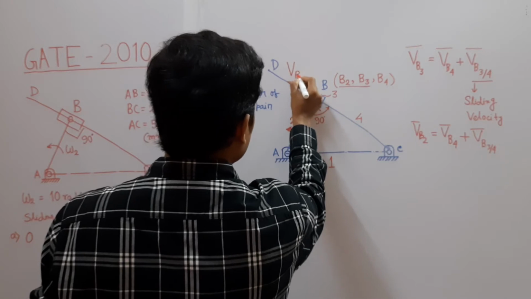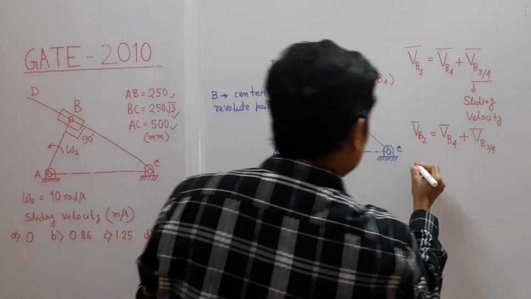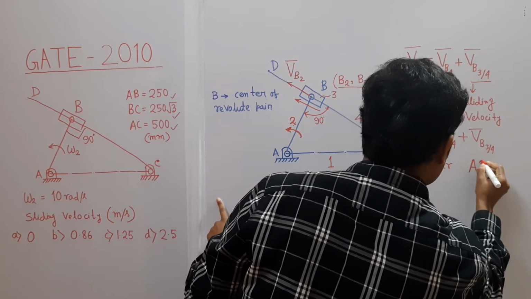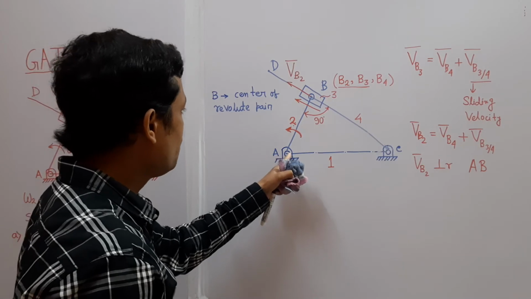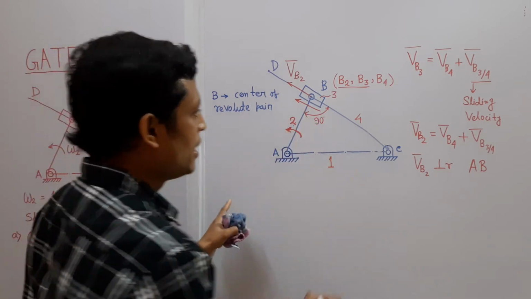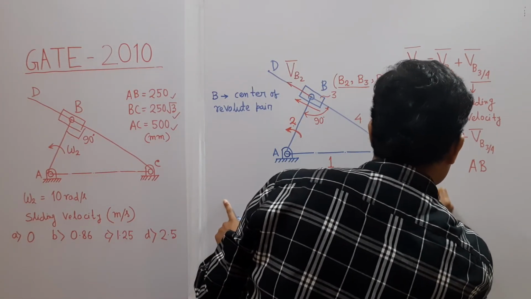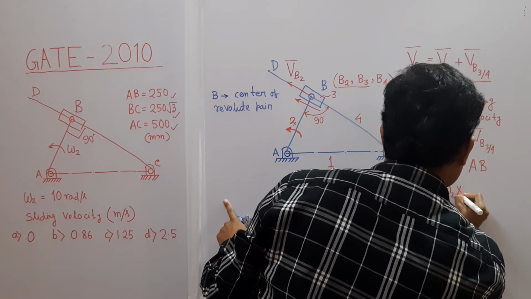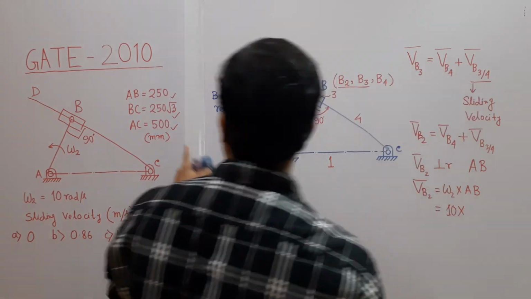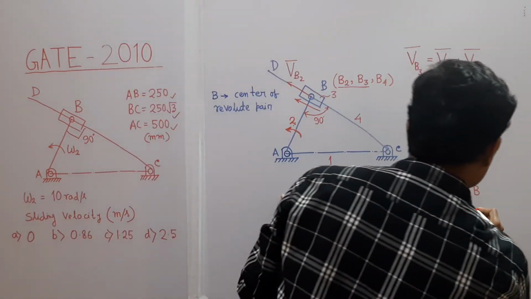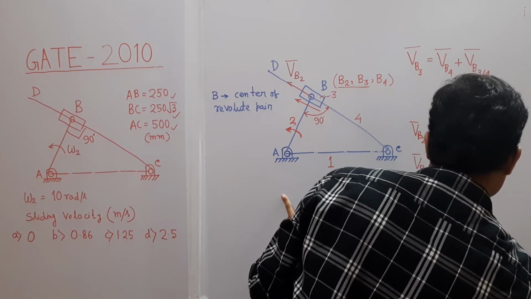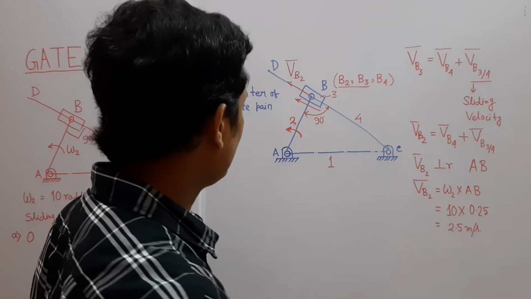So this is my V2, perpendicular to AB, because link 2 has pure rotation about point A. So V2 is equal to omega 2 into AB. Omega 2 is given as 10 and AB is 250 millimeter, that is 0.25 meter, so V2 is 2.5 meter per second.